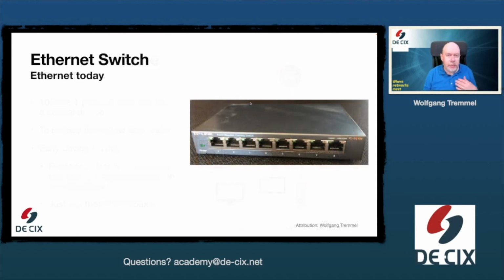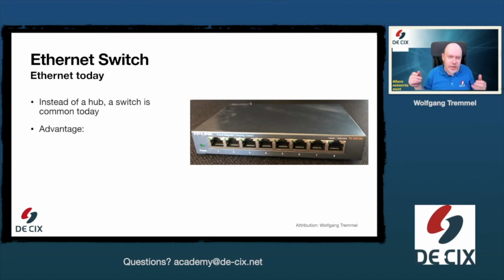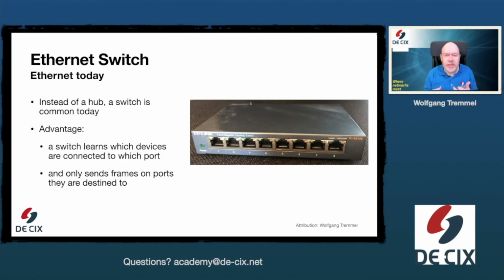Today, a switch is used. And a switch is an intelligent device, and it learns on which port which Ethernet end device is receiving. So it only sends out frames through ports where the receiver is.